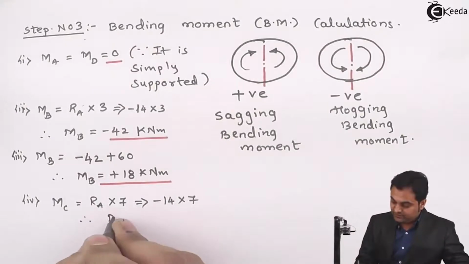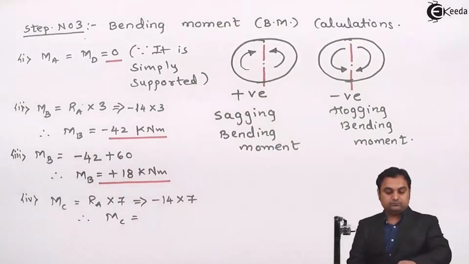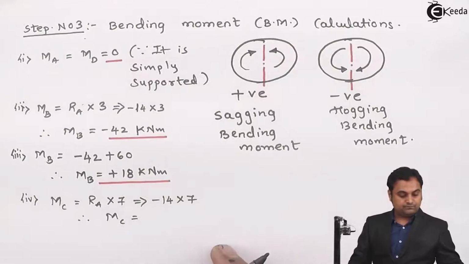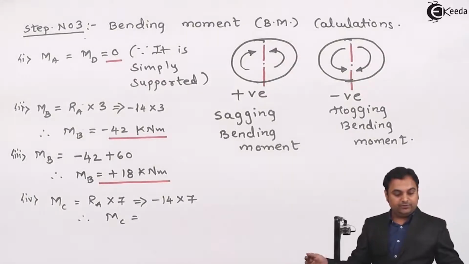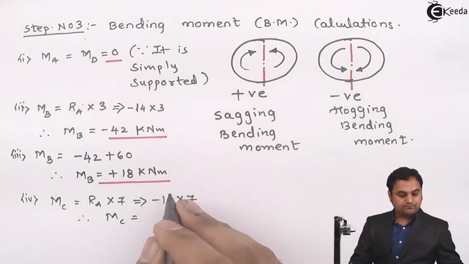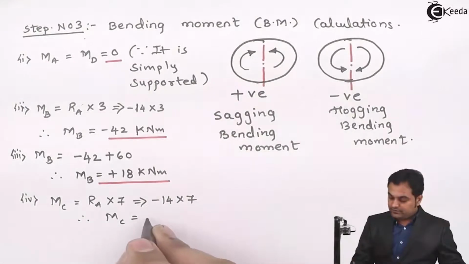So the moment at C comes out to be minus 98 kilonewton meter.